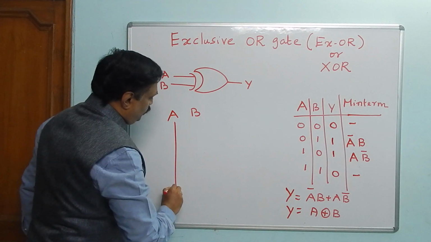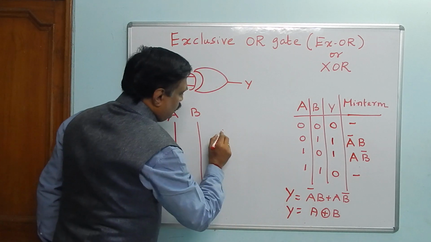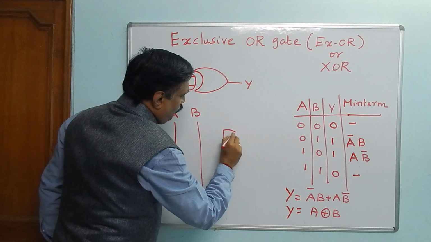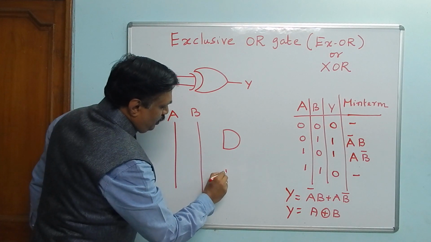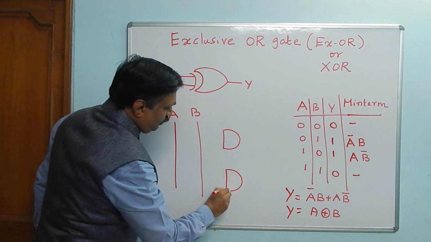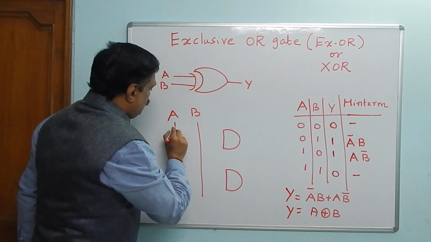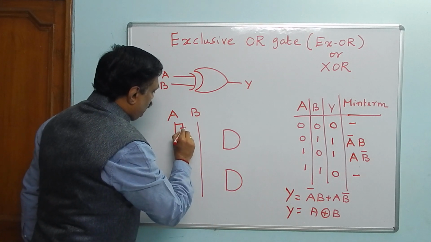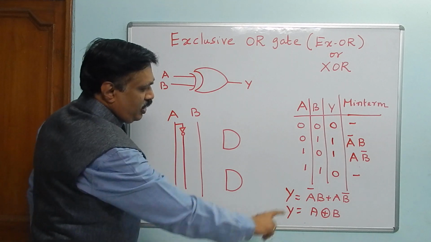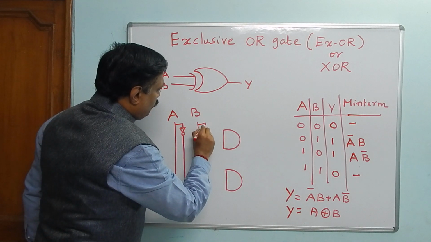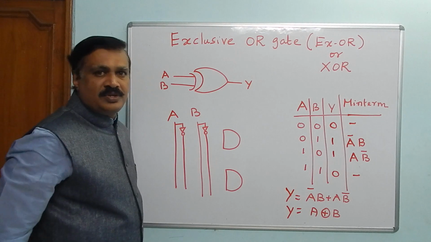This is a product, therefore you make one product here, that means an AND gate, and another AND gate here. It is A complement, therefore you draw one NOT gate, and B complement is also there, so you draw one NOT gate for B.